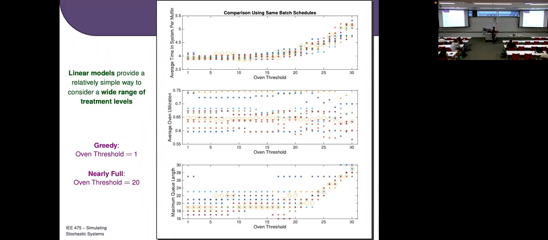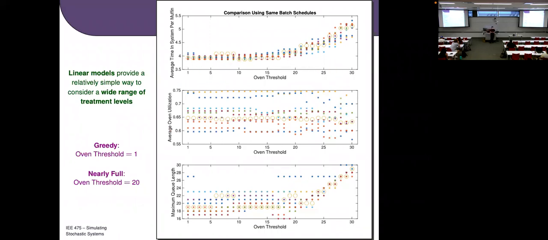Now, it's a little more advanced, but as you move off into your jobs, the way you'll do this is you'll start quantifying effects using things like linear models, which again you totally see in like the A4 and the A5. So instead of having two oven thresholds, where greedy was 1 and nearly full was 20, we'll take the oven thresholds from 1 all the way to 30.